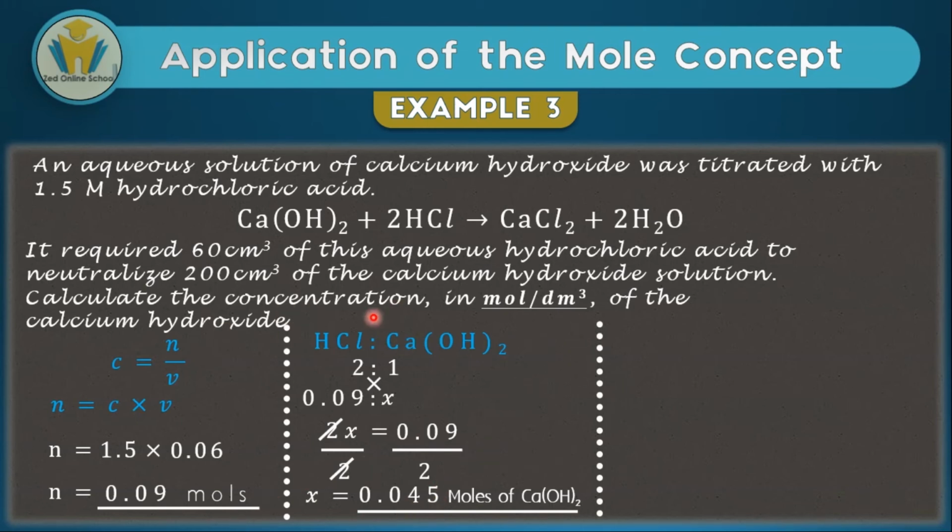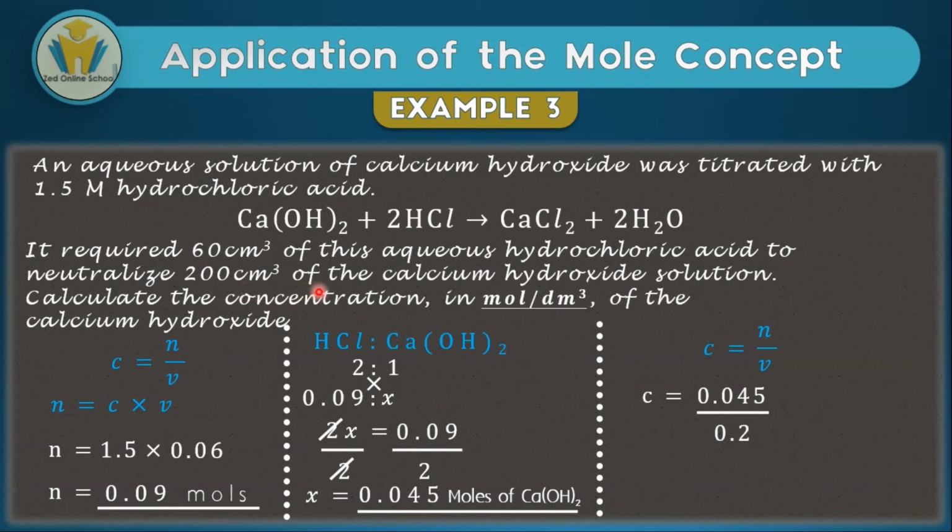Now we need to find the concentration. How can we find the concentration when we have the number of moles of calcium hydroxide and we have the volume? Well, we'll use this formula. C is equal to n over V. The number of moles, which is 0.045. Obviously, we've had a lot of volume conversion here.